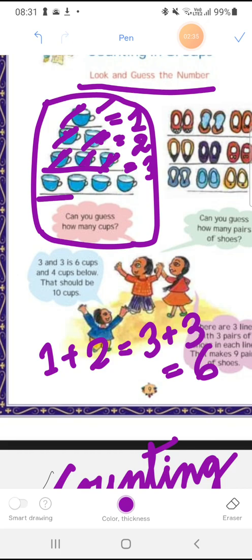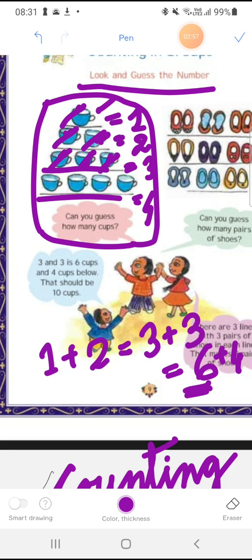Now in the next row, how many cups can you see? 4 cups are there. So with this 4, we already have 6. Now with this 6, we have to add 4 more.